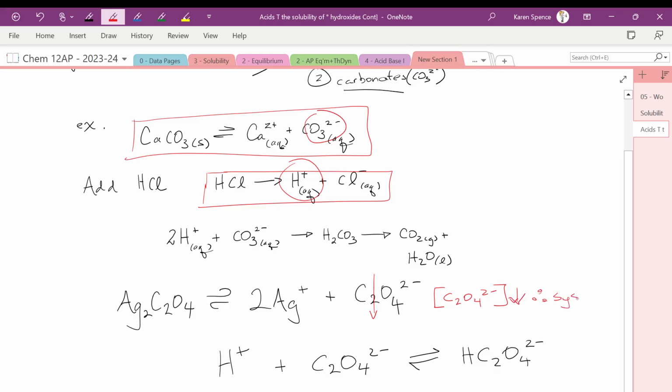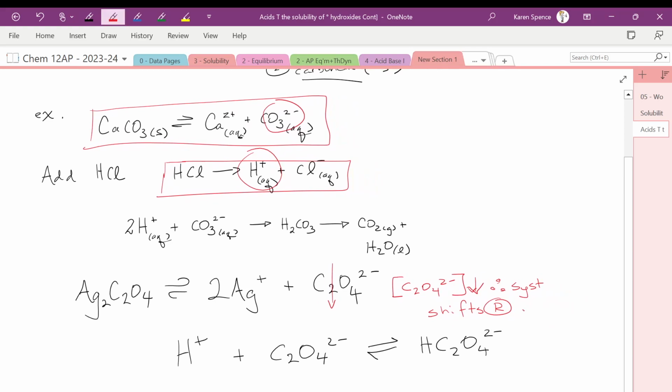Therefore, the system shifts right. Therefore, the solubility of Ag2C2O4 increases.